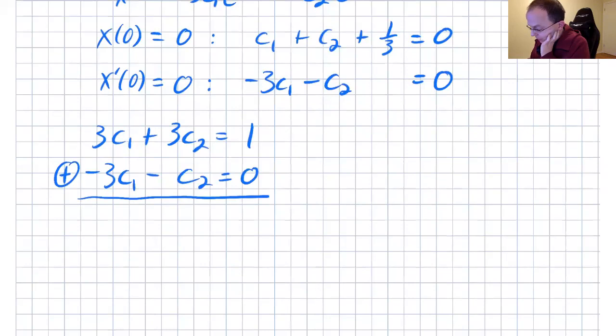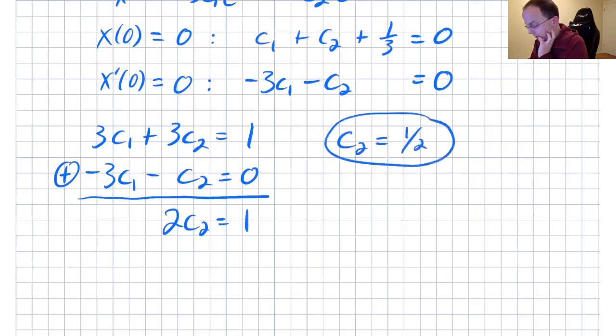Okay, so we're going to have 0, and then 2C2 equals 1. And so C2 is equal to 1/2. And then let's substitute that in. So we know C1 plus C2 equals negative 1/3. Oh, I almost made a mistake. Negative, right? Negative 1/3. Okay.